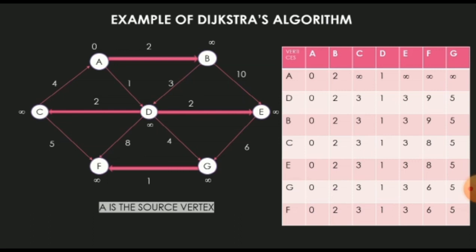We calculate the weight of E with respect to B, which is the edge weight of BE plus the weight of B. As we know that the weight of B is 2 and the weight of edge BE is 10, when we add we get 12. As we have already calculated the weight of E with respect to D, we compare the two, where 12 is greater than 3. So the weight of E remains unchanged.